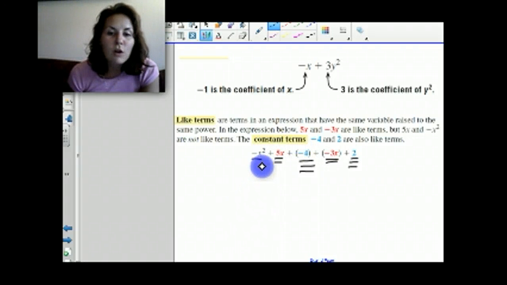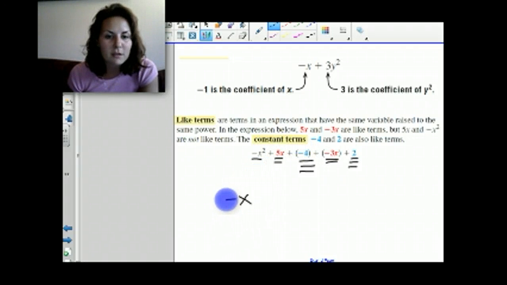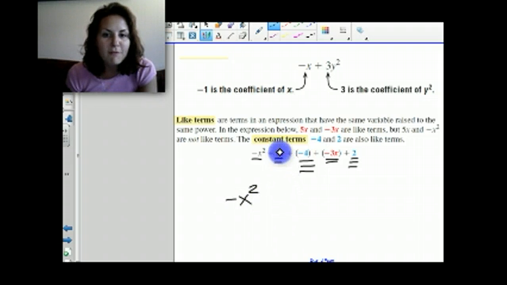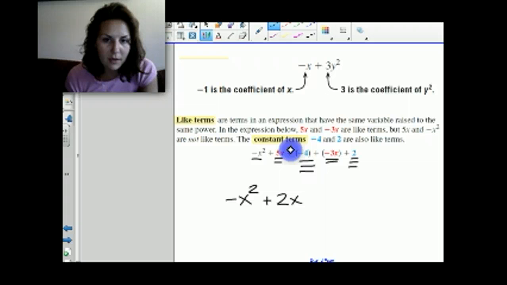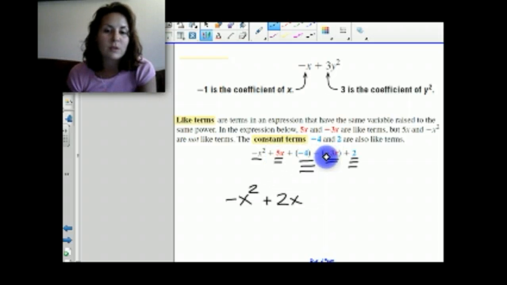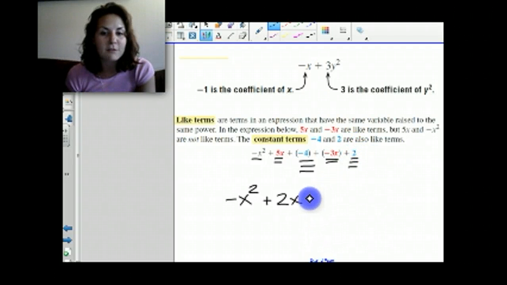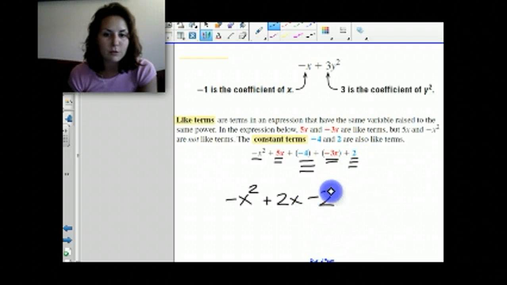Okay? So negative x squared does not have a friend, so it's negative x squared. 5x plus negative 3x becomes 2x. This is the associative property at work. It's telling us that even though those aren't next to each other, I can add them together. Negative 4 then plus negative 2 becomes negative 2.